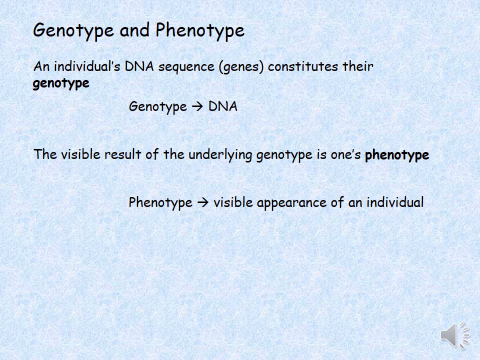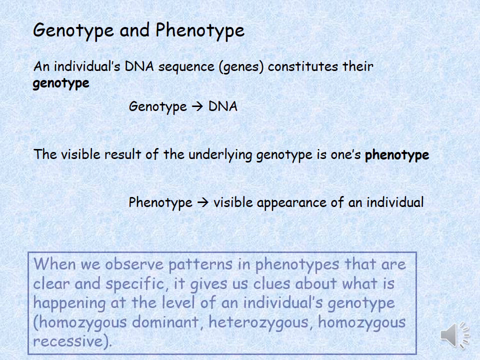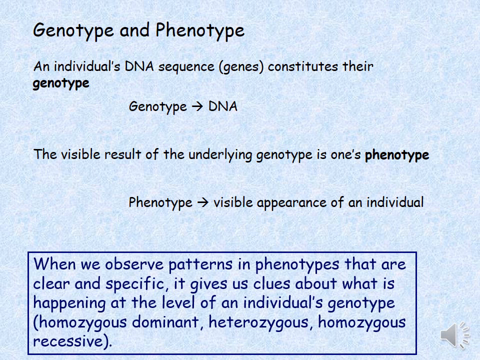And so little t is the genotype, white would be the phenotype. When we observe patterns in the phenotype, this is what we can see for the most part. We can see your phenotype, but we don't know what your genotype is. Your phenotype can give clues to what your genotype is, but it's not 100%.